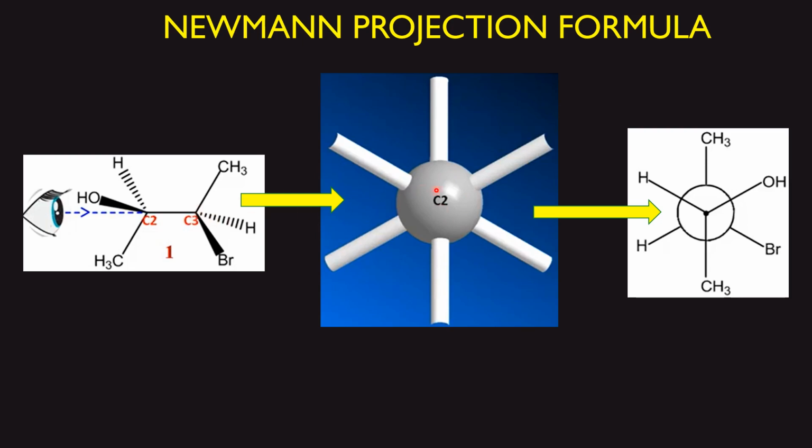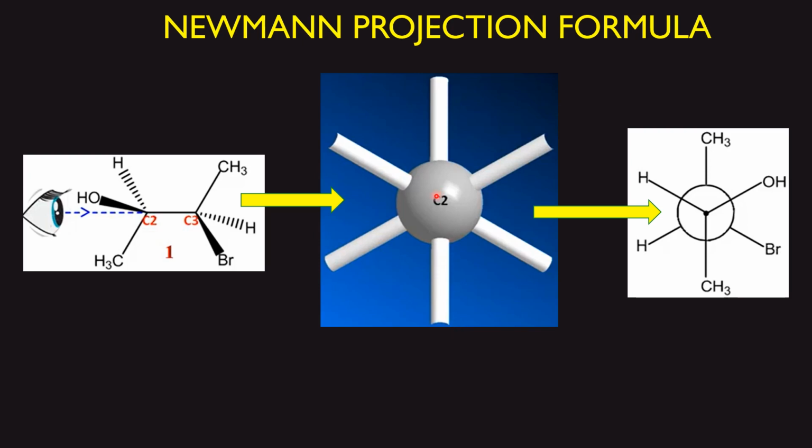The backside carbon is hidden by C2, so that is not visible for me. And in the front carbon I have a hydrogen at the left. That hydrogen should be here at the left, OH at the right, and this methyl down. So these are the three bonds shown here in this ball. So carbon C2, hydrogen, OH at the right, methyl at the down.